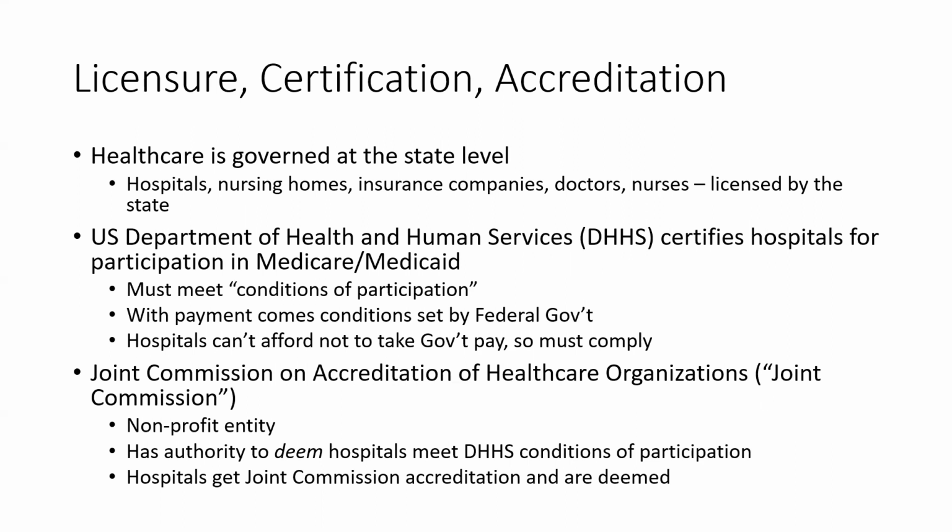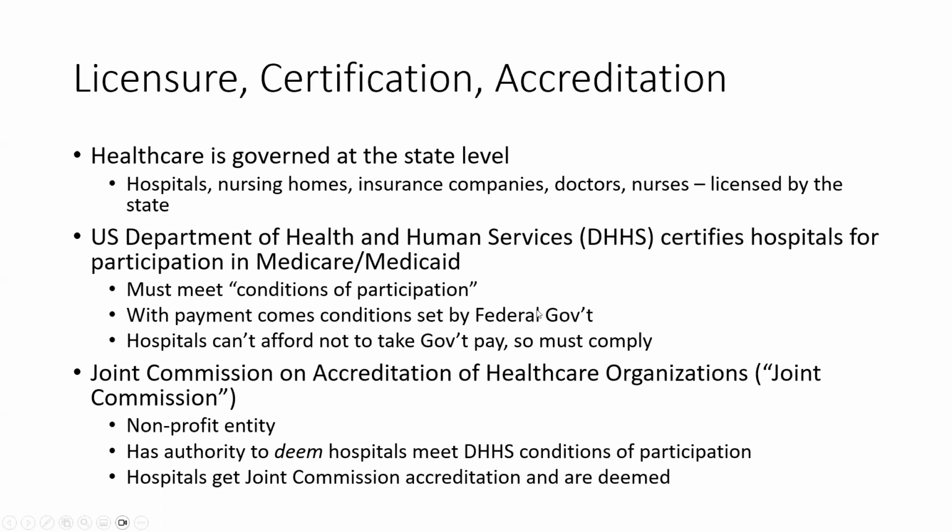But the U.S. Department of Health and Human Services certifies hospitals for participation in Medicare and Medicaid. So this is, again, how, even though the U.S. federal government can't regulate hospitals directly, what it can do is say, we can't tell you what to do, but if you want Medicare money, you have to meet our conditions of participation.